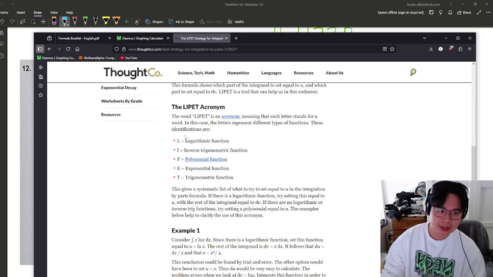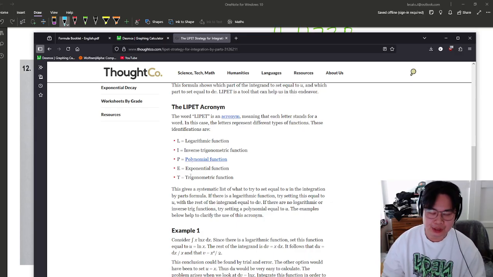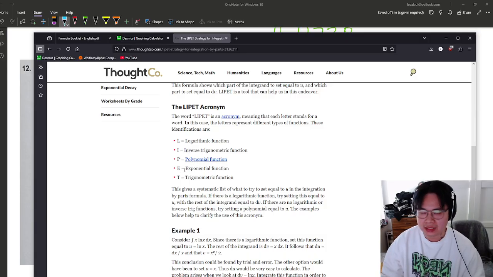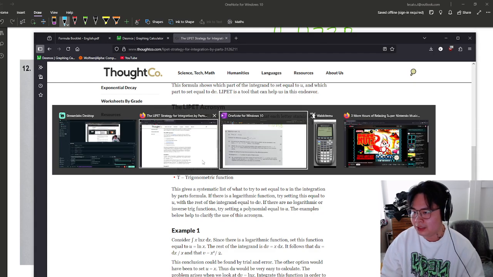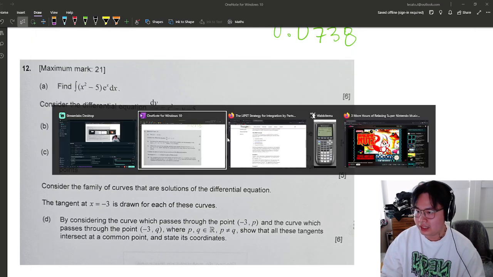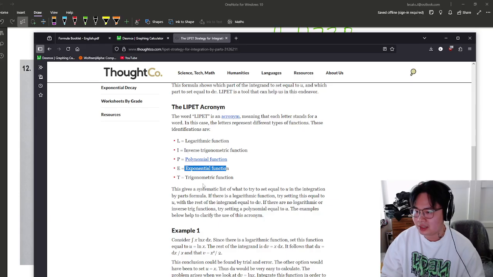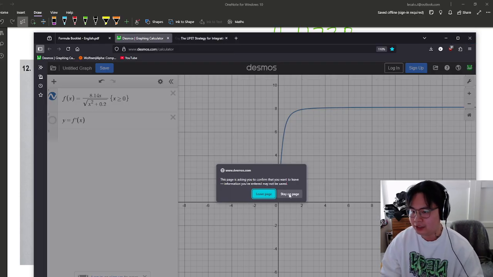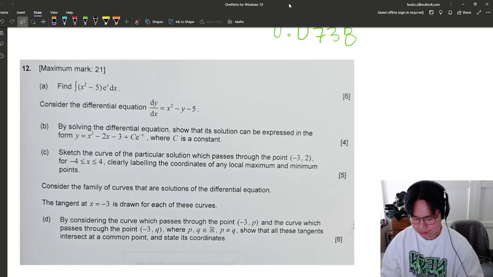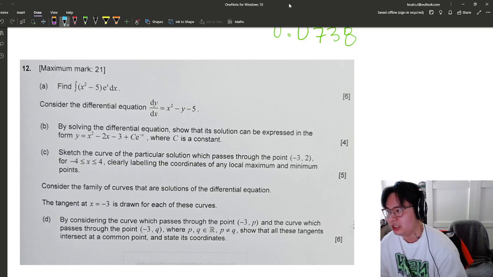And it's the order of priority of which one you set as U. So L for log, I for inverse trig, P for polynomial, E for exponential. So we have a polynomial and an exponential. Polynomial takes priority, so my polynomial is gonna be U. This is dV.